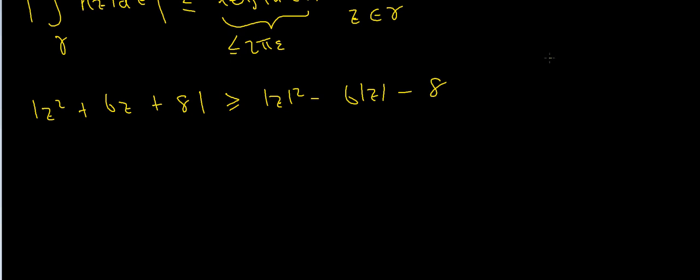And this time on my curve, I'm not going to have mod z equals r, but mod z equals epsilon. So if I replace every instance of mod z with epsilon, I just get epsilon squared minus 6 epsilon minus 8. If I take the reciprocal of both sides, I get 1 over this is less than or equal to 1 over this.